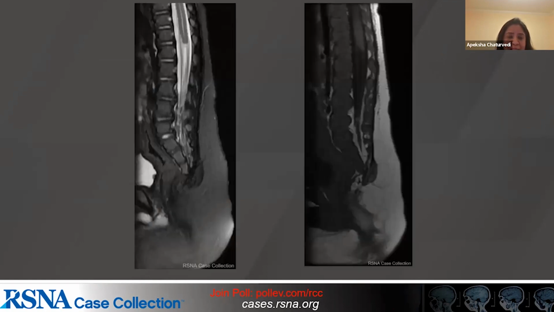Moving on to the next slide, please. So here we have 2 sagittal MR images, a fat-suppressed T2 weighted image and a non-fat suppressed T1 weighted image. And again, these are the same findings that I would like you to pay attention to. The sacral spine, please pay attention to the terminus of the spinal cord.